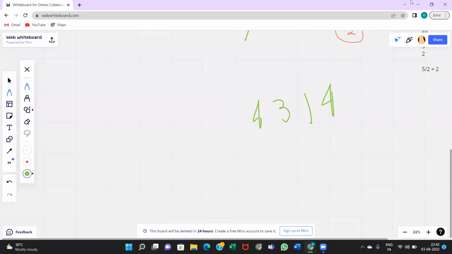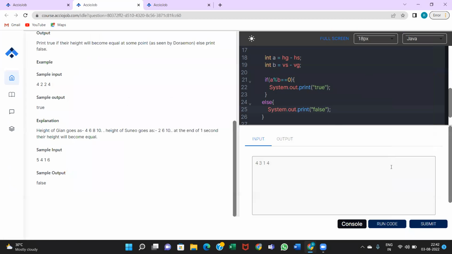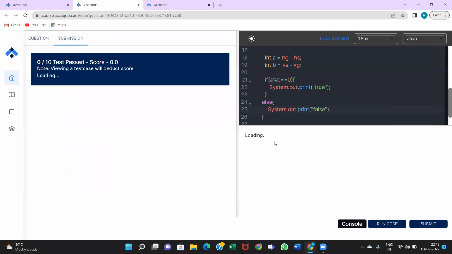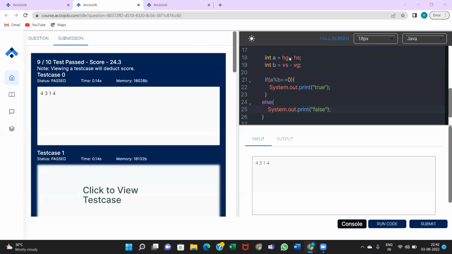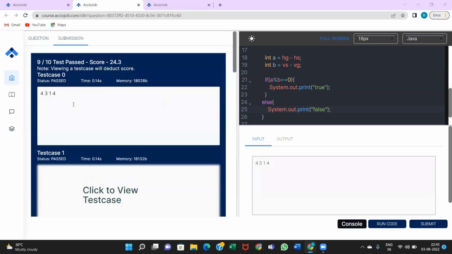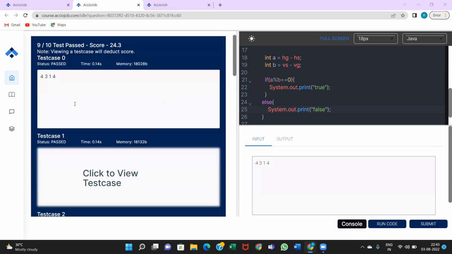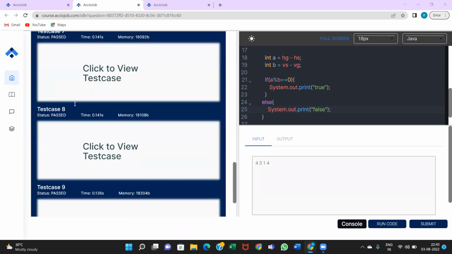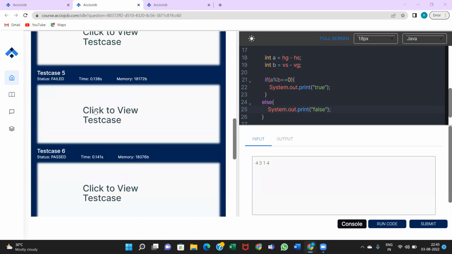So it is 1, and okay. One test case is not working. Which one is the failing test case?